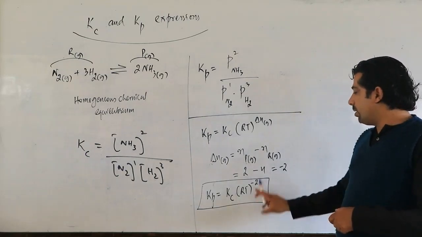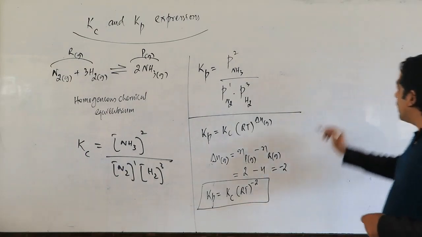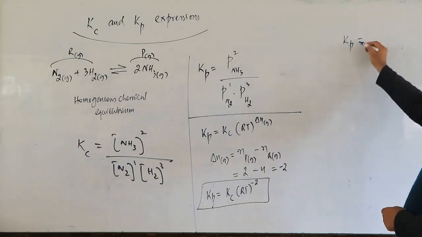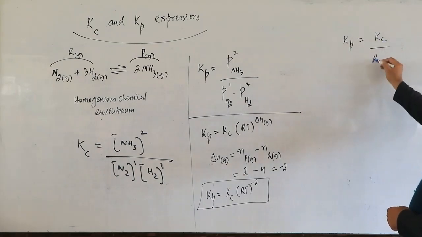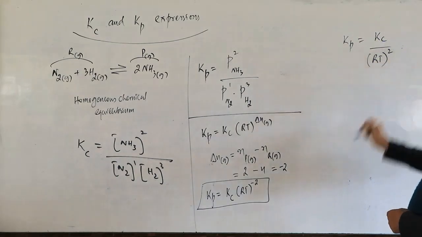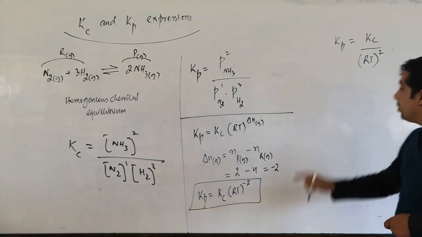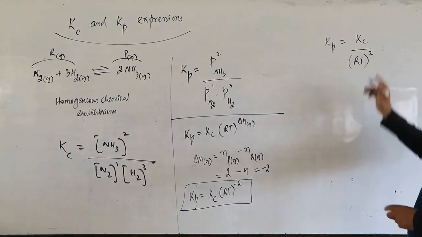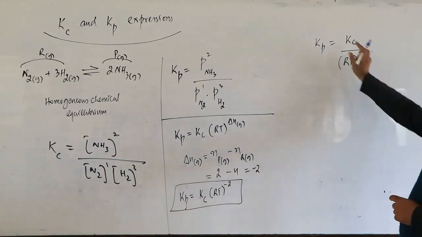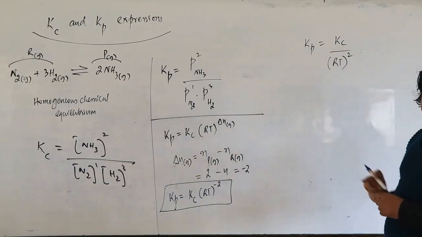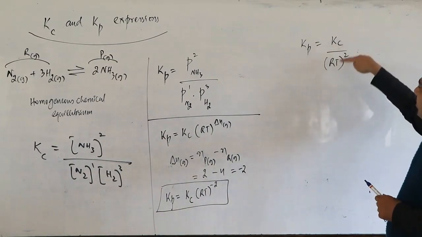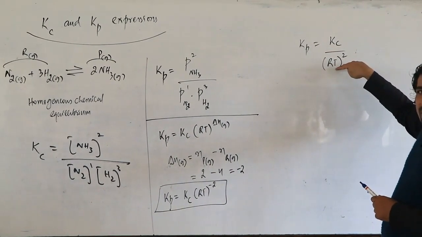You know already that I can write this expression like this also: Kp is equal to Kc divided by RT raised to power 2, because if I take this term down, it becomes RT to the power 2. So what happens here? Have a look. Kp will become equal to Kc only when Kc is divided by this term. Are you following my point?